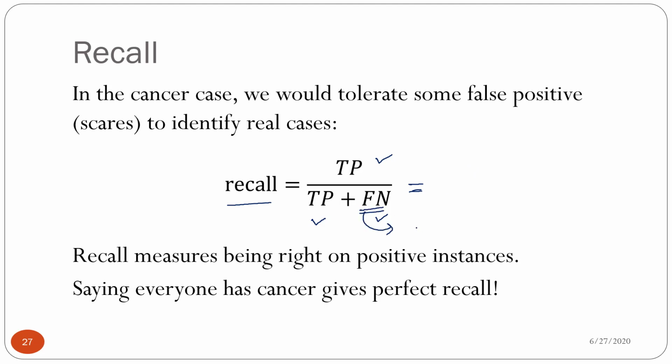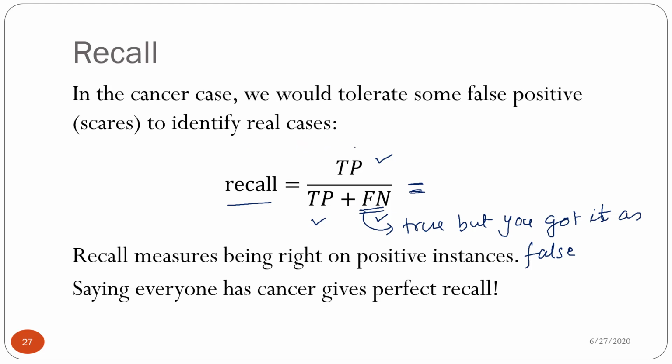False negative means these were true, but you got them as false. So recall evaluates what fraction of positive cases your classifier is able to obtain. This is also an interesting measure, but there is a case where even this can give you a misleading result.